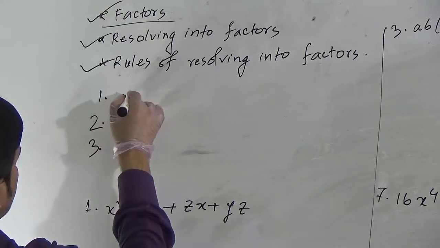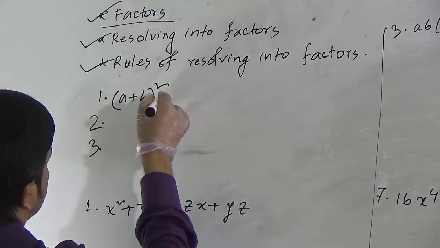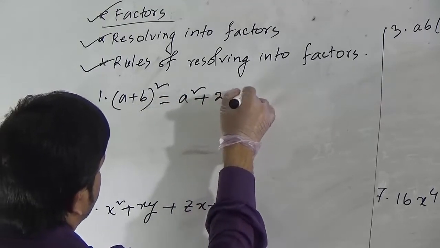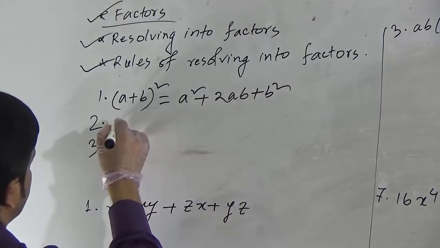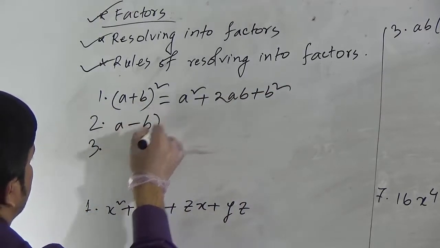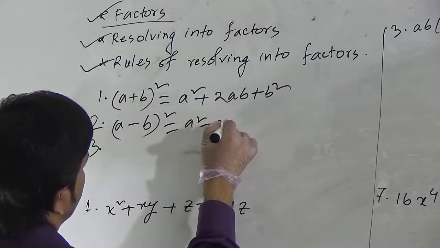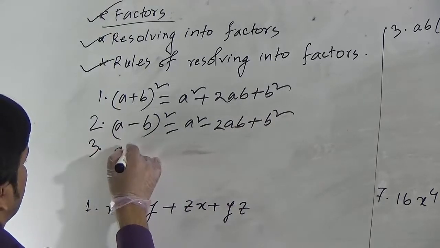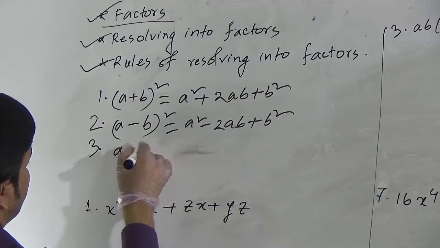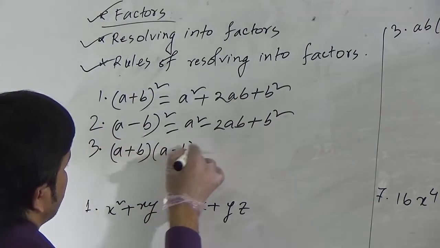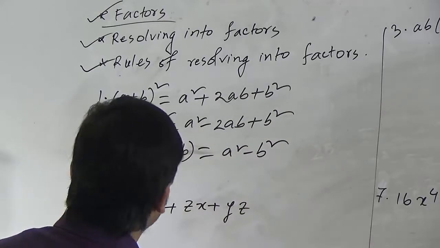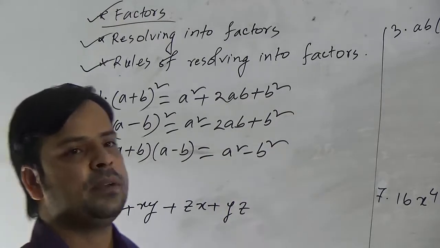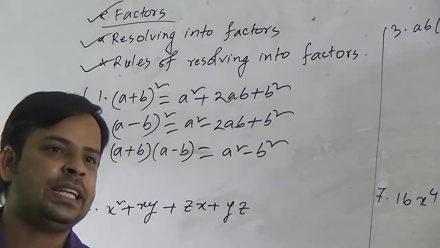First one is a plus b whole square equal to a square plus 2ab plus b square, and another one is a minus b whole square equal to a square minus 2ab plus b square, and third one is a plus b into a minus b equal to a square minus b square. Using these formulas, we can solve the problems of exercise 5.3.